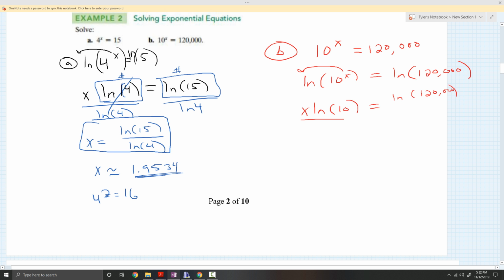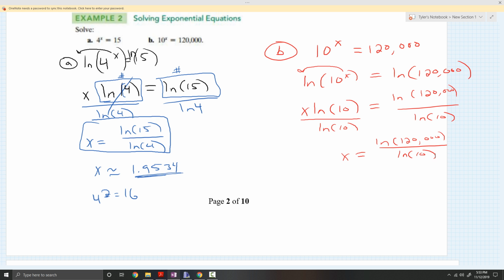Then I can divide both sides by the natural log of 10, and I'm left with x equals the natural log of 120,000, all divided by the natural log of 10. So that's an exact answer.